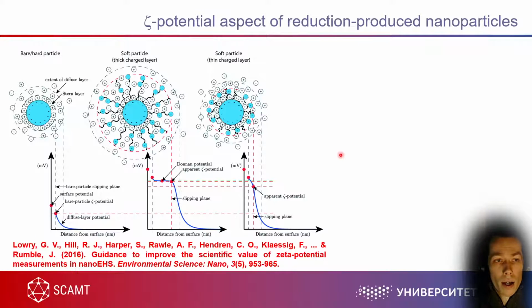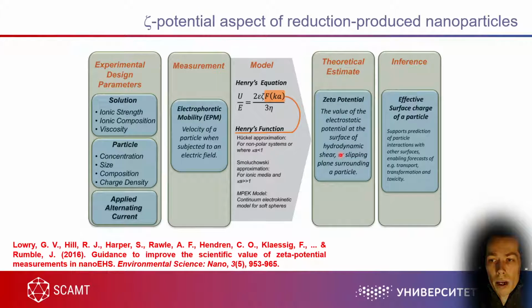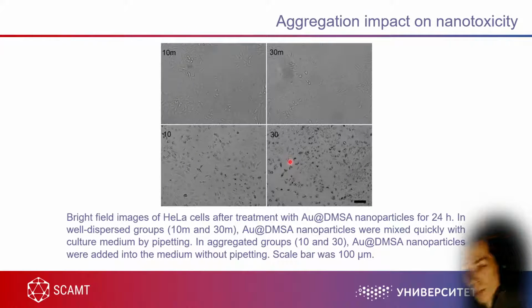Zeta-potential can be used not only to assess charge, but also the ionic strength of your solution, viscosity, concentration of particles, their size, composition, and charge density. There are a lot of things that can be assessed using just zeta-potential, but we need to move to what I want to tell about, why zeta-potential is very important.